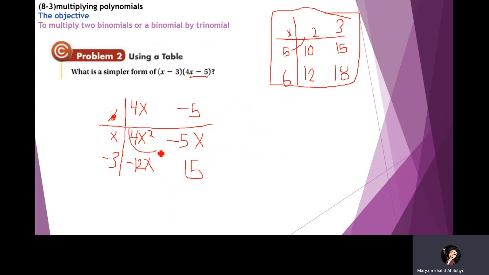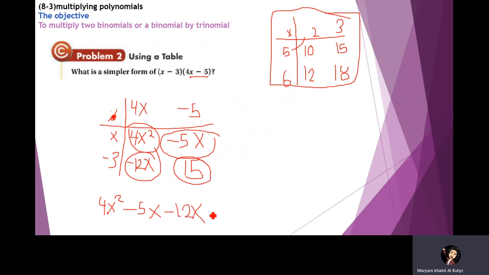Now all these terms that you got in your table, just add them all together and then you will get the result. So 4x to the power 2 minus 5x minus 12x plus 15.